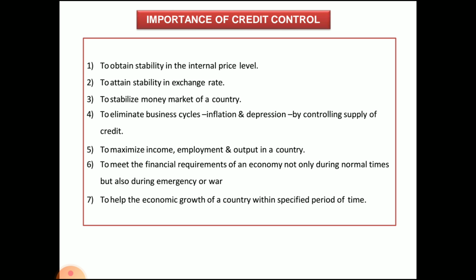Or if there is a reverse situation, when the prices are falling and purchasing power is increasing, there will be no demand for the product. To control all these situations, RBI has to have proper credit control. If the credit control is done properly, then they can control the price level internally within the nation.